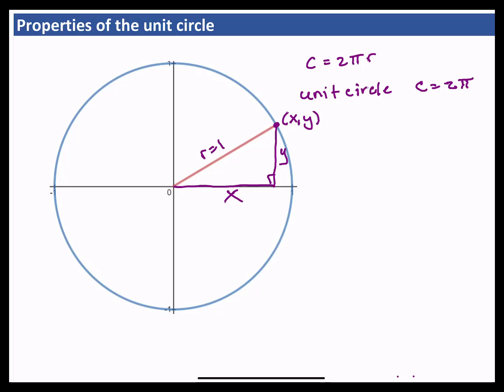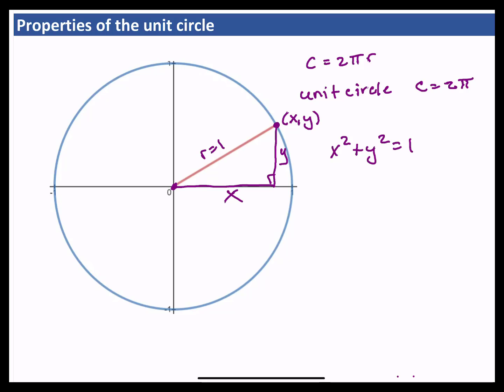So from the origin, we're traveling a distance to the right x and up y to get to this point (x, y). Now that we've labeled the legs of this right triangle, we can use the Pythagorean theorem and recognize that x squared plus y squared equals 1 on the unit circle.